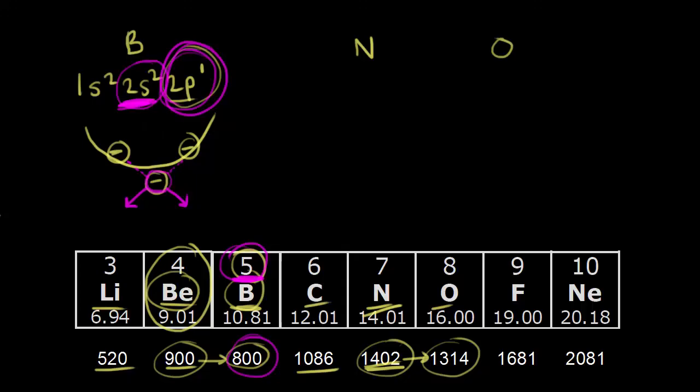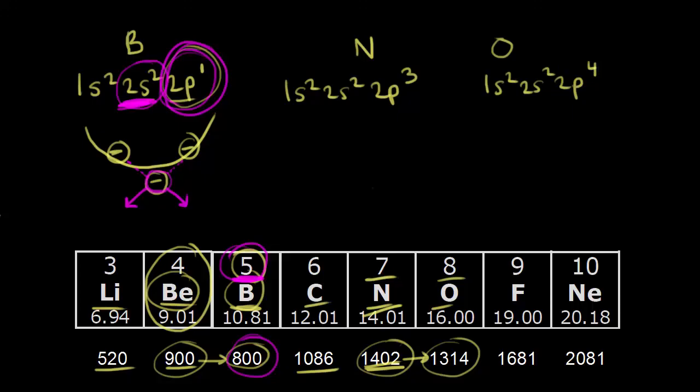Nitrogen has 7 electrons to think about, so its electron configuration is 1s2, 2s2, and 2p3. So that takes care of all 7 electrons. For oxygen, we have another electron, so 1s2, 2s2, 2p4 is the electron configuration for oxygen.